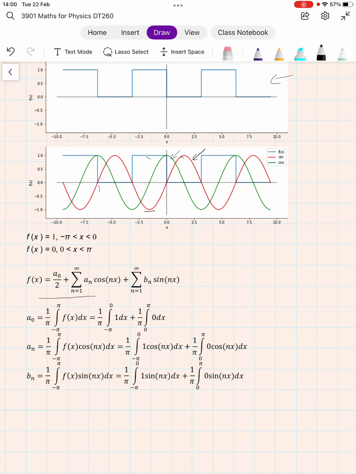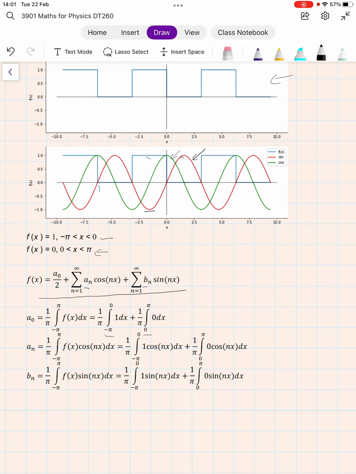Once again, our Fourier series is f(x) equal to a0 divided by 2 plus some summation of cosine and sine waves times constants. And we have to calculate the constants. The formula for a naught is 1 over pi, integral from minus pi to pi of f(x). Now, our function is divided into two parts, so we can divide our integral into two parts. Very straightforward.